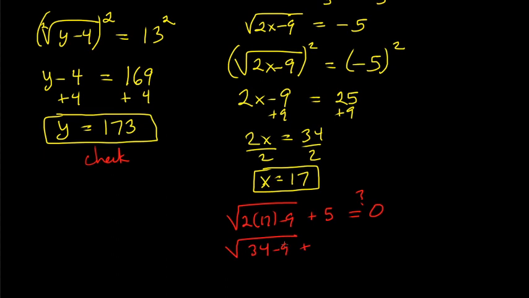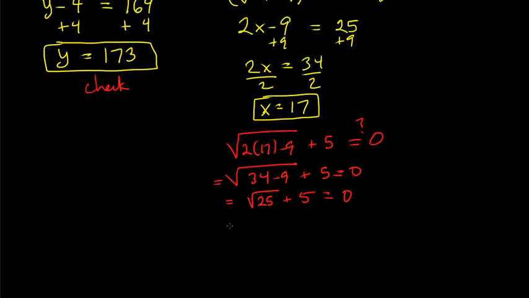Right? And 34 minus 9 is 25. And the square root of 25 is 5. And 5 plus 5 is 10. But that does not equal 0.